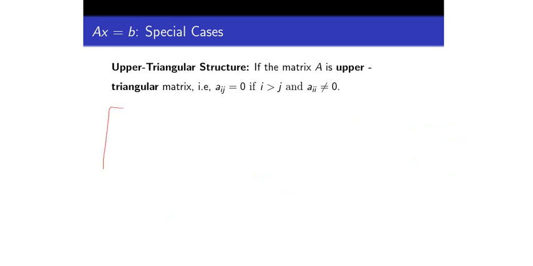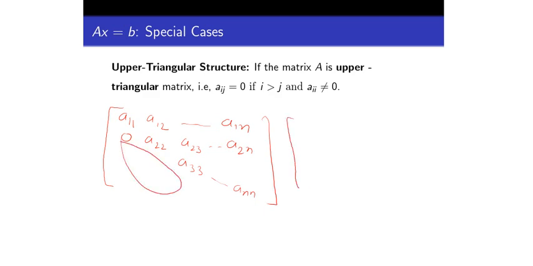The upper triangular matrix is of the form A11, A12 and so on up to A1n, then 0, A22, A23 and so on up to A2n, then A33, down to ANN, with below the principal diagonal being 0, times x1, x2 and so on up to xn, equals b1 to bn.